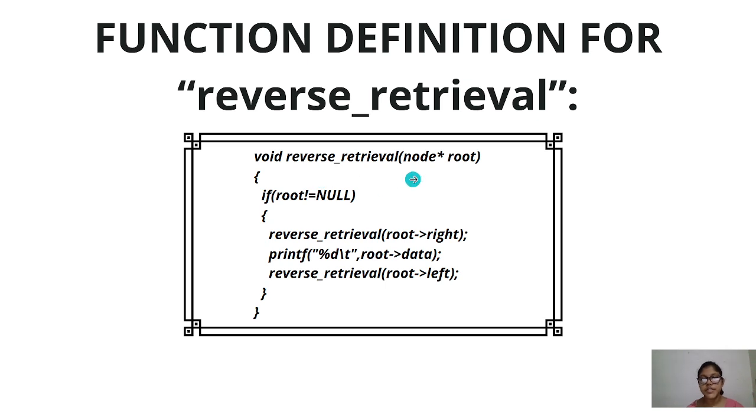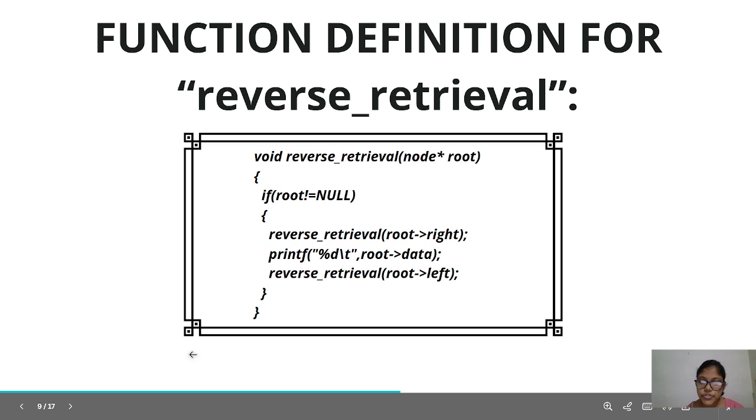Void reverse retrieval. This reverse retrieval is serving our main motto of this program. Also your terminating condition is until and unless root becomes null. Reverse retrieval is the full opposite case of in order, because it will first have the greatest value of the BST, so the rightmost value, then printing the rightmost value, going to the leftmost value.